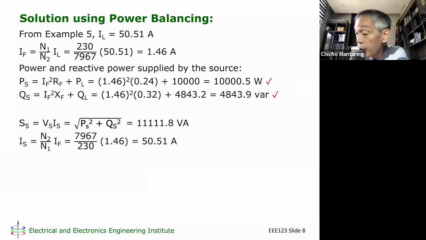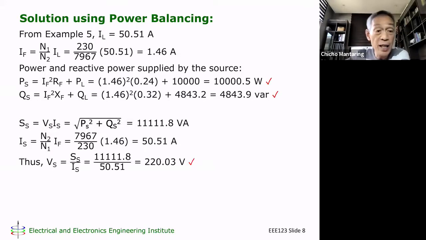So now I know I of S, I know S of S, I can compute V of S. V of S is S of S over I of S, and I get 220.03 volts. So here are the three answers to the question. This is the real power delivered by the source. This is the reactive power delivered by the source, and this is the voltage that is required across the source.